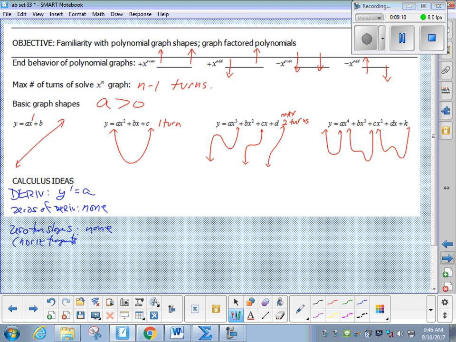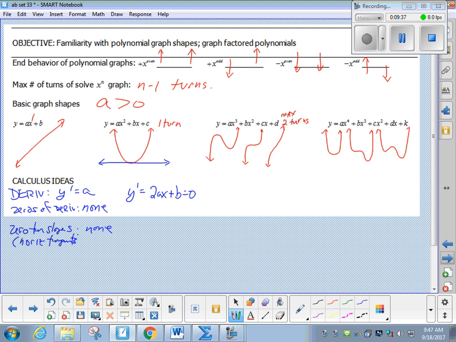How about a parabola? How many places does it have 0 slope? It has exactly 1. Now, why is that? Because the derivative of that equation is, what is the derivative? 2ax plus b equals 0.